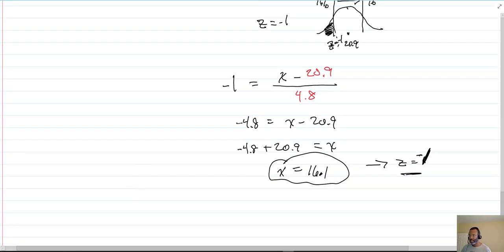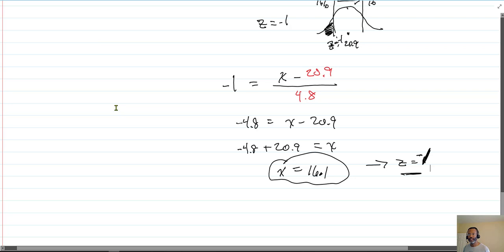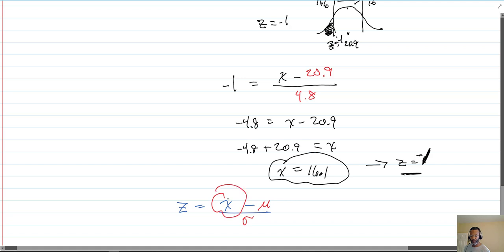So in general, if you want to go the other direction, where you are given a z-value and you wish to find what score corresponds to that z-value, there's another formula that's going to give it to you, right? Remember, we were given a z-value and we want to find out what that x-value is, and mu and sigma are always going to be given, and x is unknown, just like we did here.